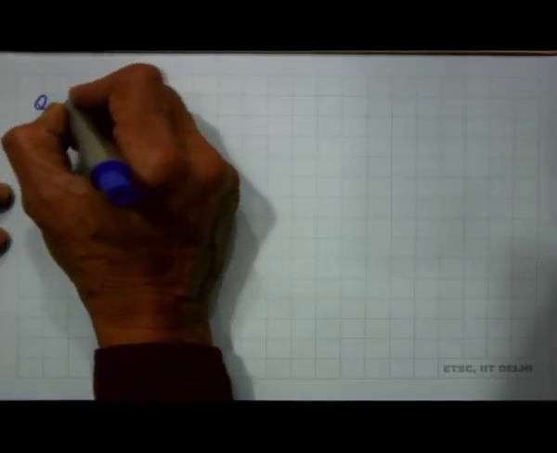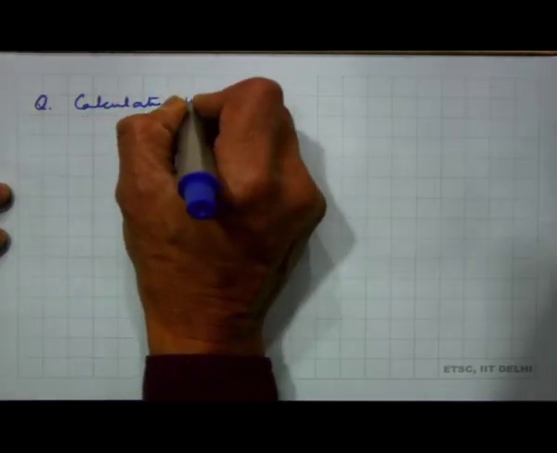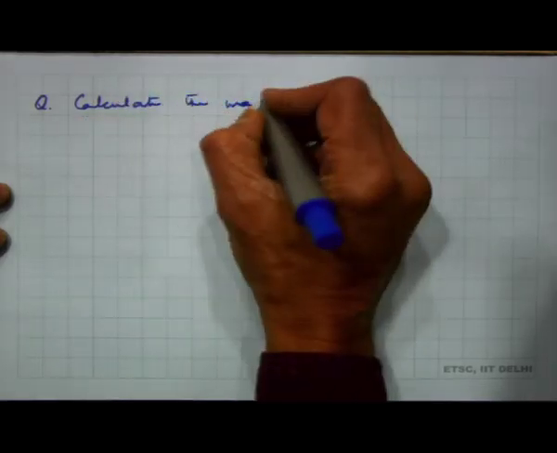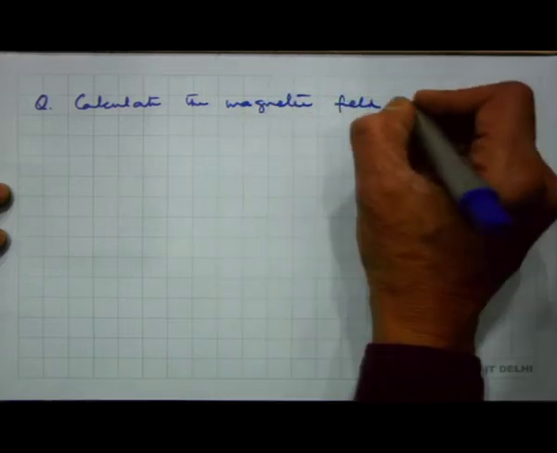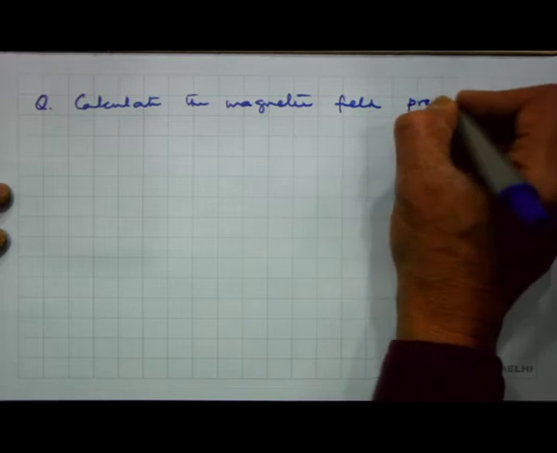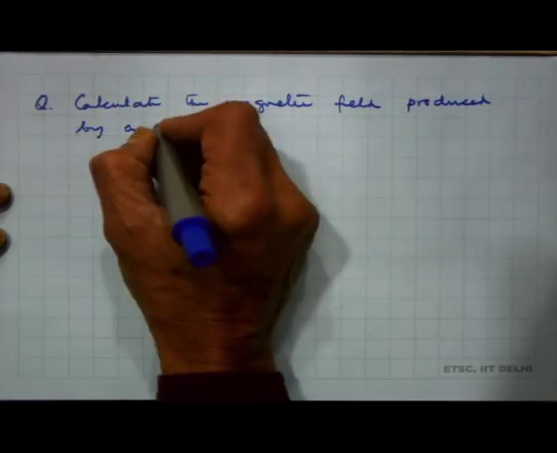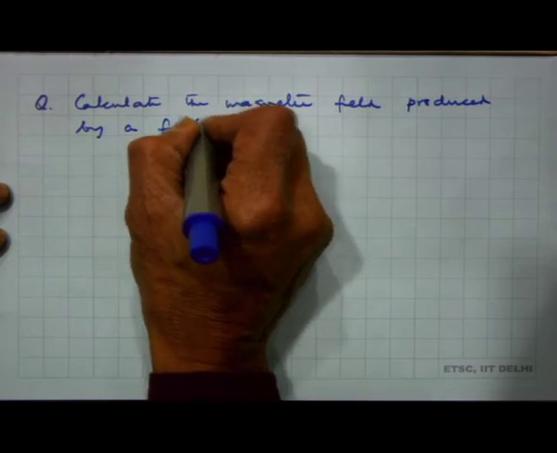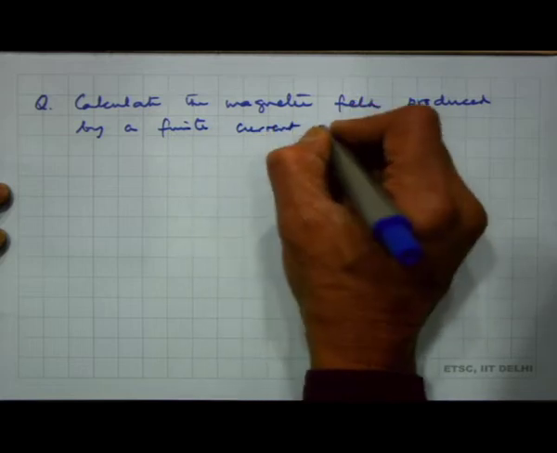Now, let me look at another question here. Calculate the magnetic field produced by a finite current element as shown.